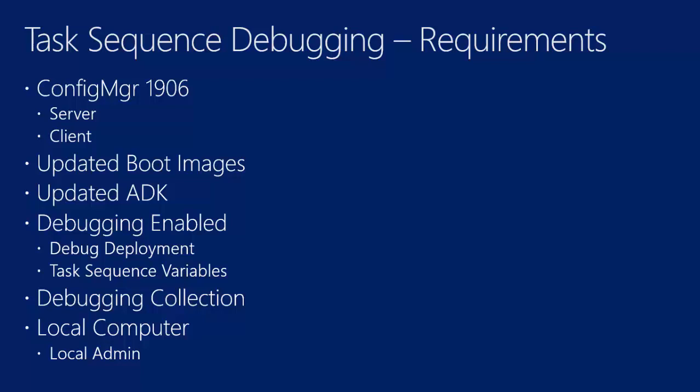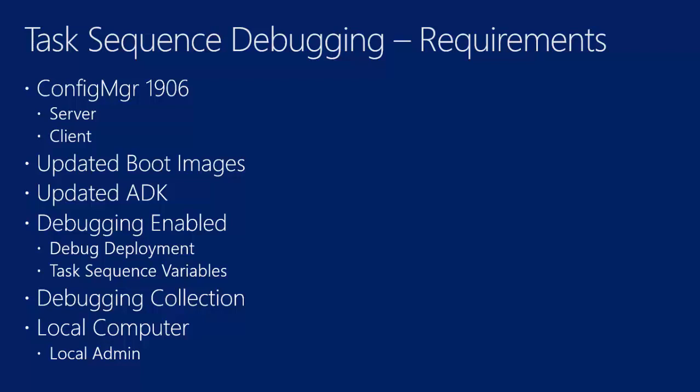There's a number of places that you can apply task sequence variables: collections, machines. If you put those task sequence variables on either a collection or machine, then debugging will happen when the task sequence runs. But there are other places that you might think about applying these task sequence variables, such as inside the task sequence itself.